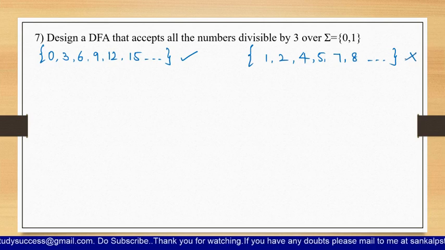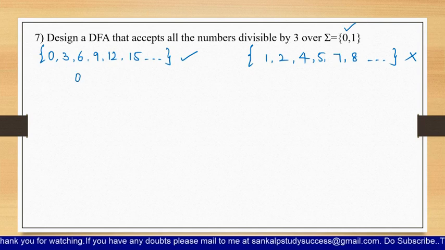Why are we considering both divisible and not divisible? Because the divisible numbers should be accepted and the not divisible numbers should not be accepted. Now the input alphabet is nothing but 0 and 1, which means we need to convert all these numbers into binary format.